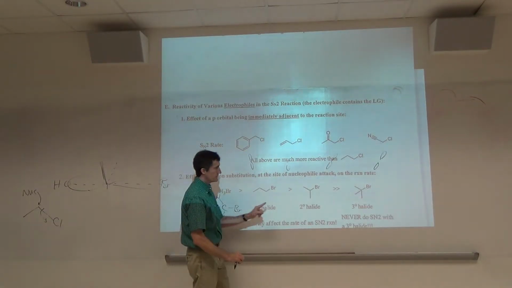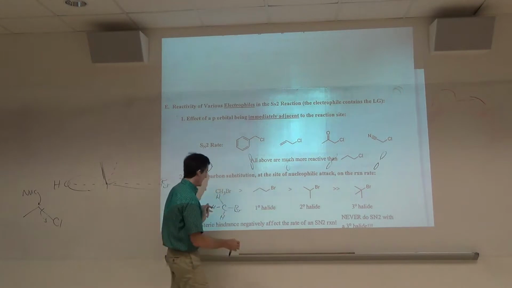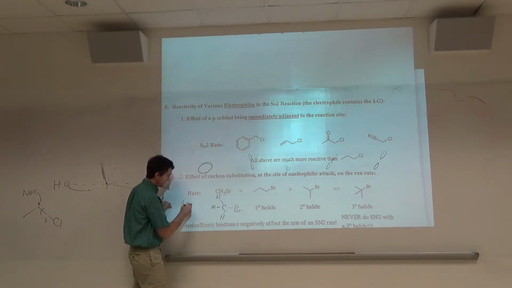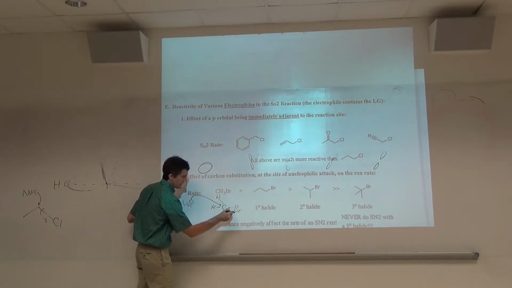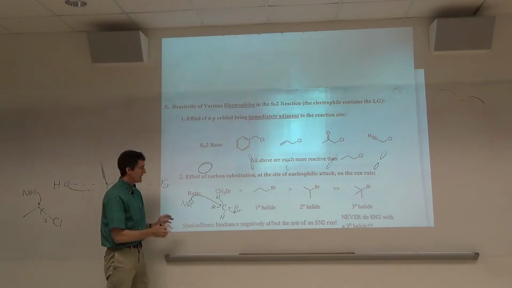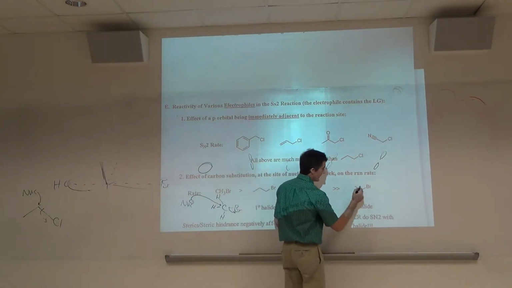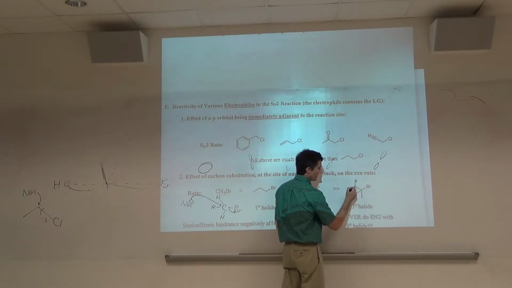Most reactive, least reactive. This is most reactive because the nucleophile can just get right back in there and kick off the bromine. The H's are so small. But over here, remember these are carbons with H's on them.